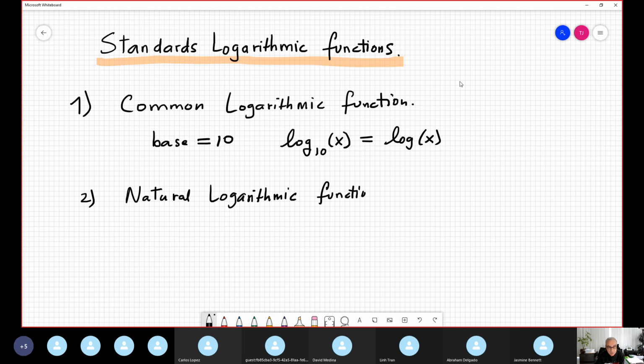And the base is one irrational number, which is e. e is approximately, right now you put it in a calculator to see, 2.71, and infinite decimal places. And the symbolic way to write that, you put logarithm of base e of x.